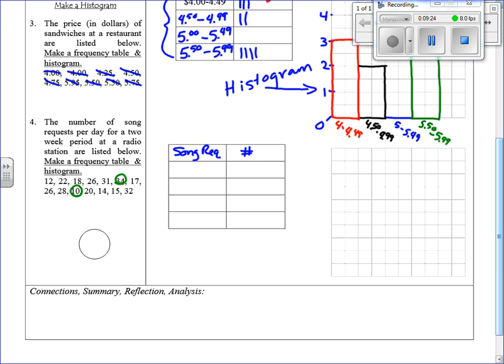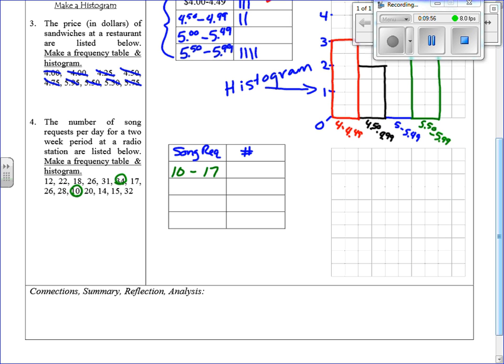Let's see here. Why don't we do this? We'll do 10 to 19, 20. That doesn't break it up very nicely, does it? We'll do 10 to 17.